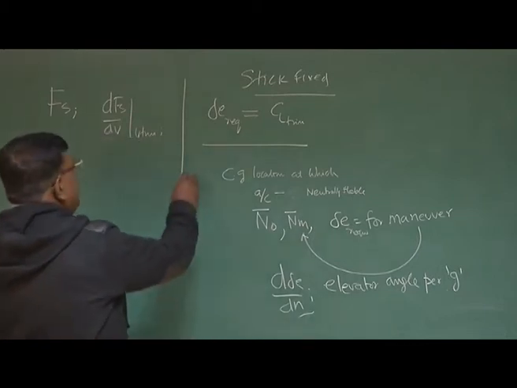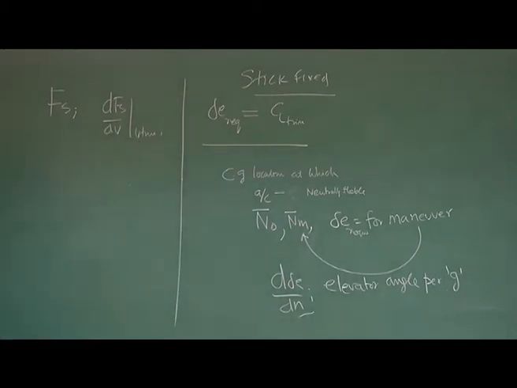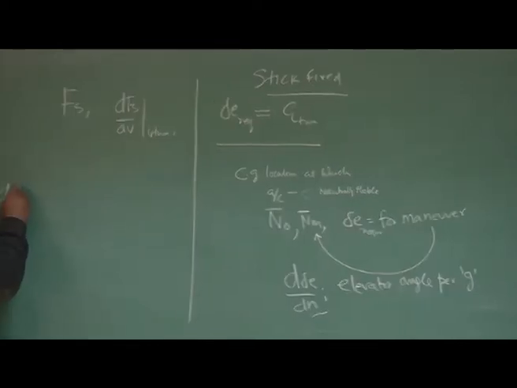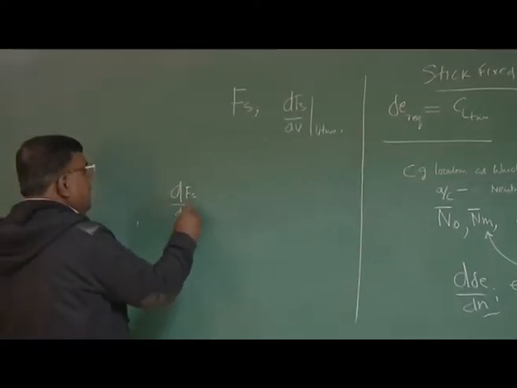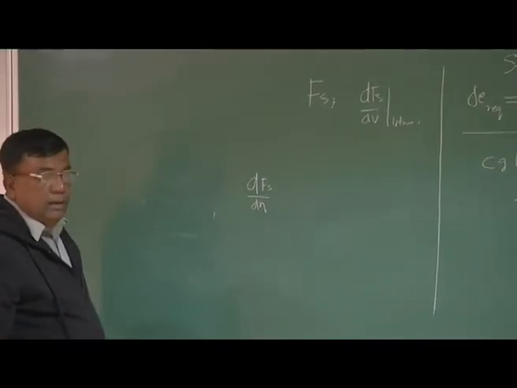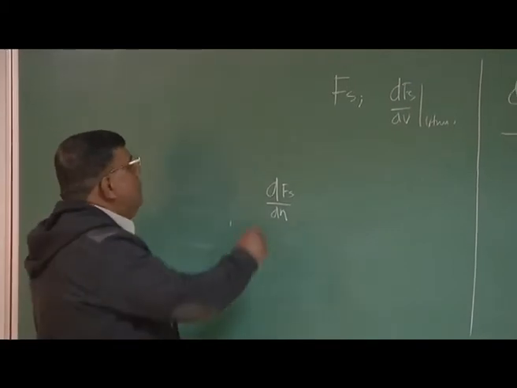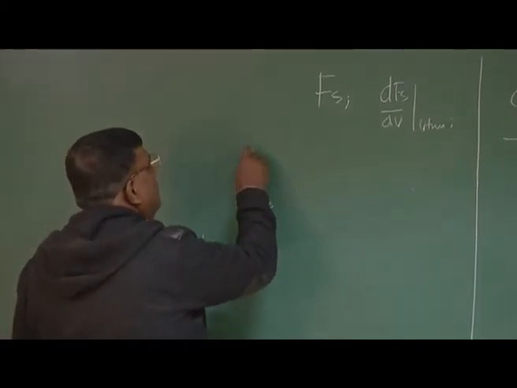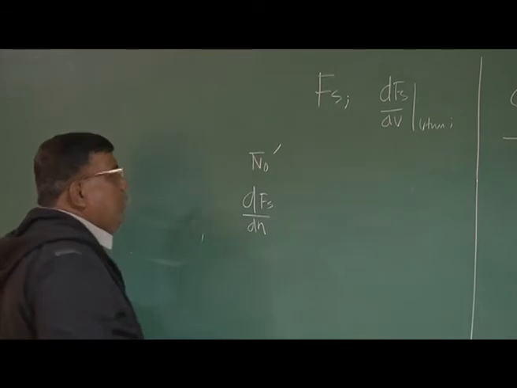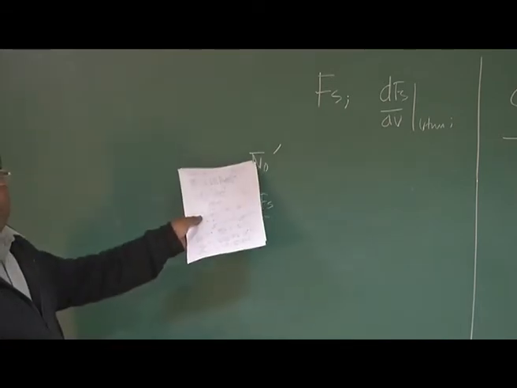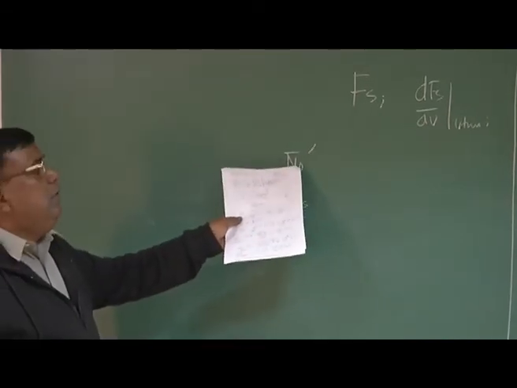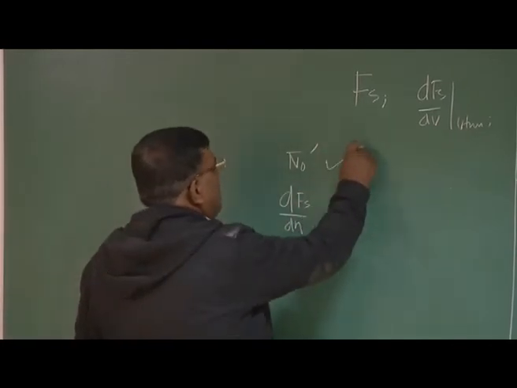In a similar way, we want to find out dFs by dn, this gradient. This is an extremely important gradient. This is what the pilot will be feeling, right? And also, we would like to know about the stick-free neutral point, for which we have already derived an expression.